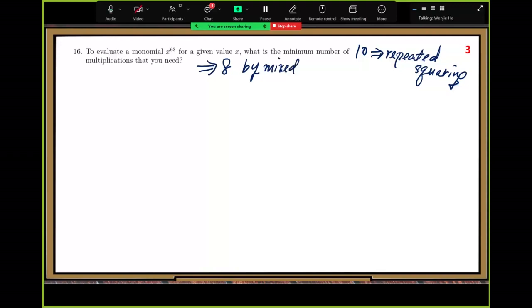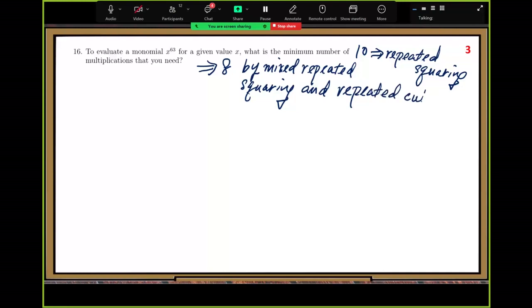Some places we use repeated squaring, some places we use repeated cubing. So this question I want to address that problem. You may ask me, how do I know I need to mix repeated squaring and repeated cubing?